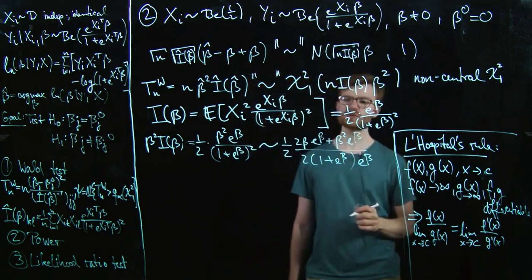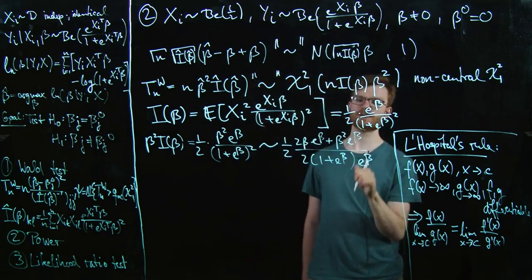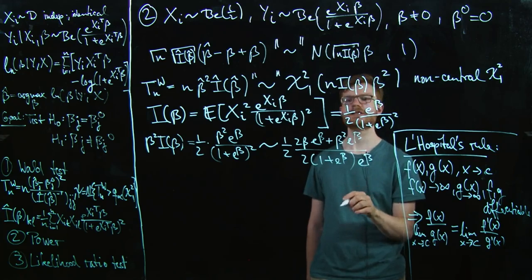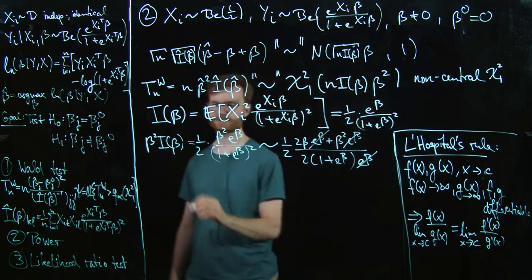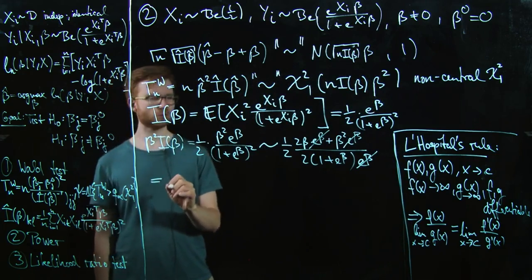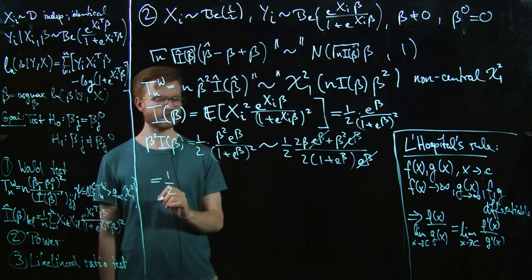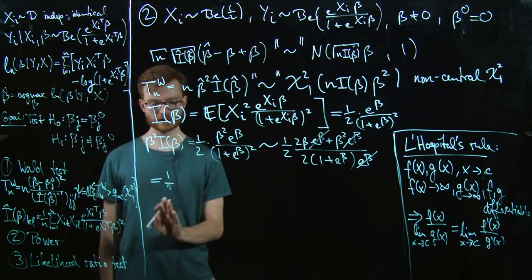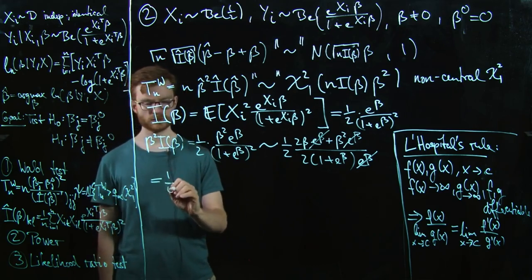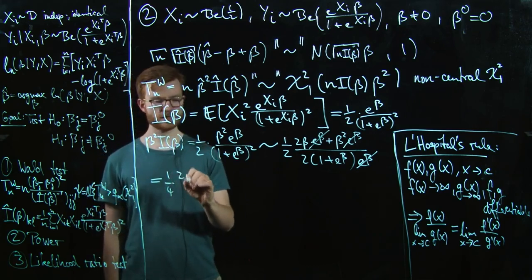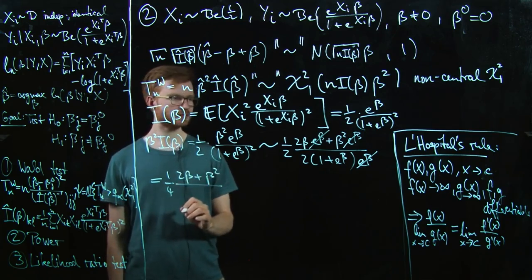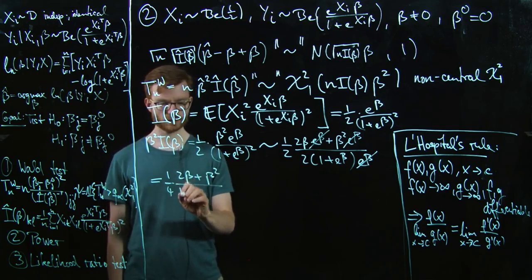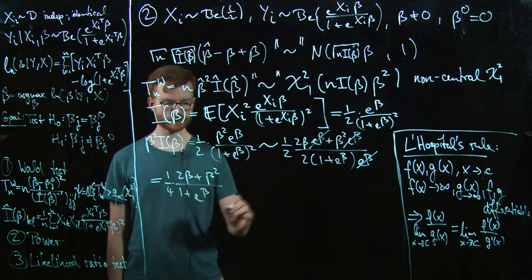OK, not quite there yet, because numerator and denominator still both go to infinity, but at least we can simplify it by dividing by e to the beta. So this is equal to 1/2, or 1/4 actually, if I carry the additional 2, times 2 beta plus beta squared divided by 1 plus e to the beta.